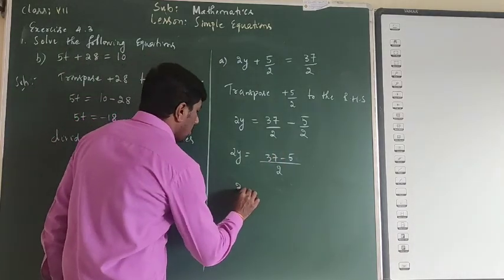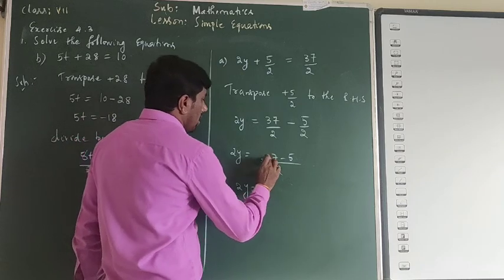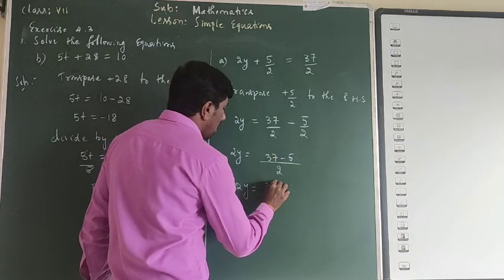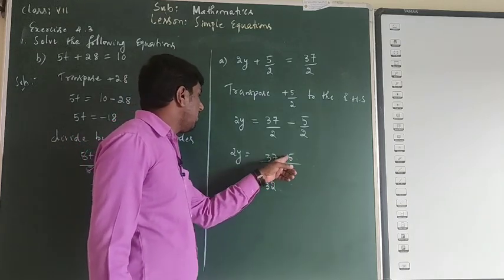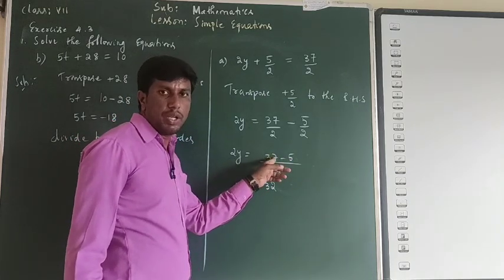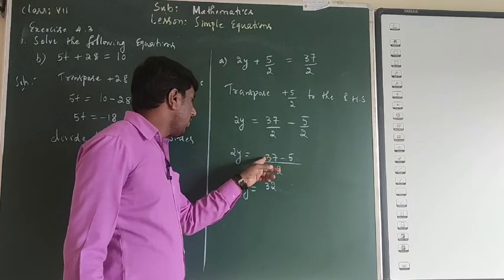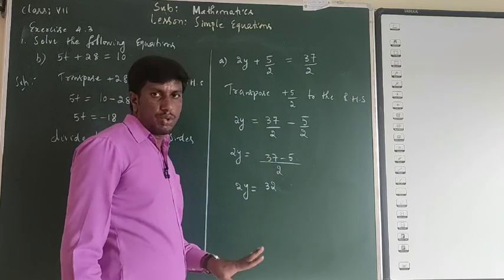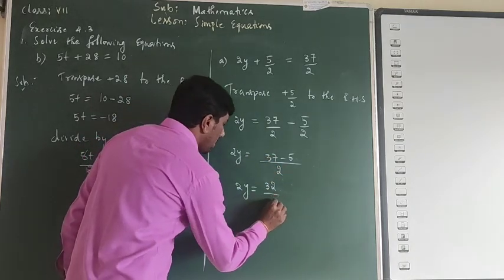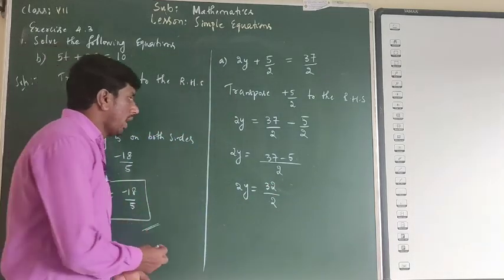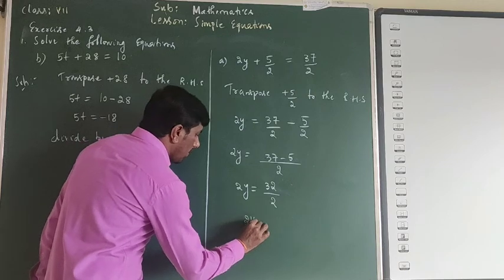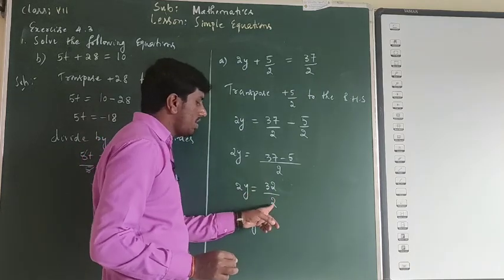Right? Next, 2y is equal to 37 minus 5, 32. Between 5 and 37, 37 is the higher value. Therefore, here it is having a positive sign. Clear? Divided by 2. Now we will simplify this further. 32 is divisible by 2.